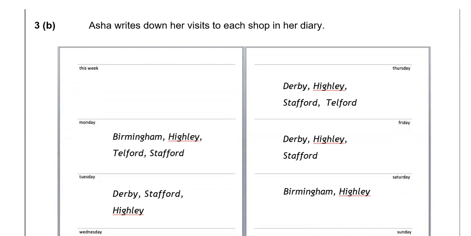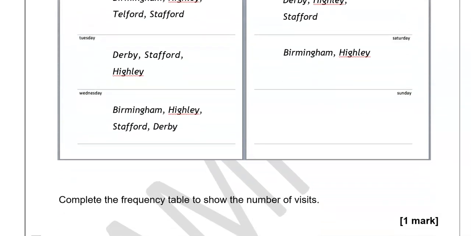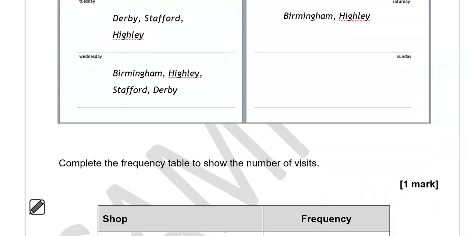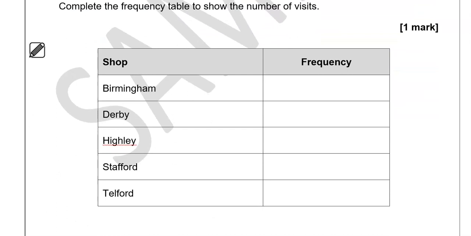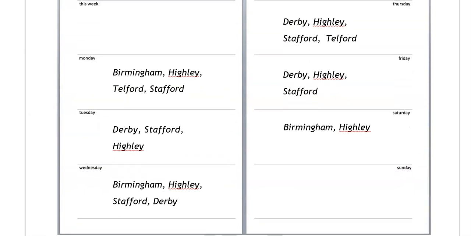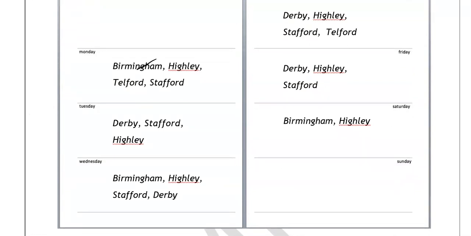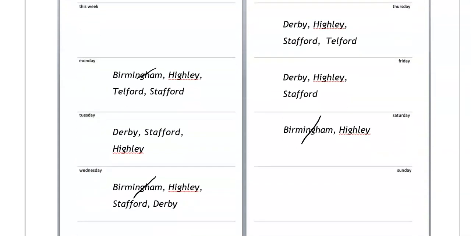Asha writes down her visits to each shop in her diary. Complete the frequency table to show the number of visits. Right, so Birmingham, 1, 2, 3 of them.